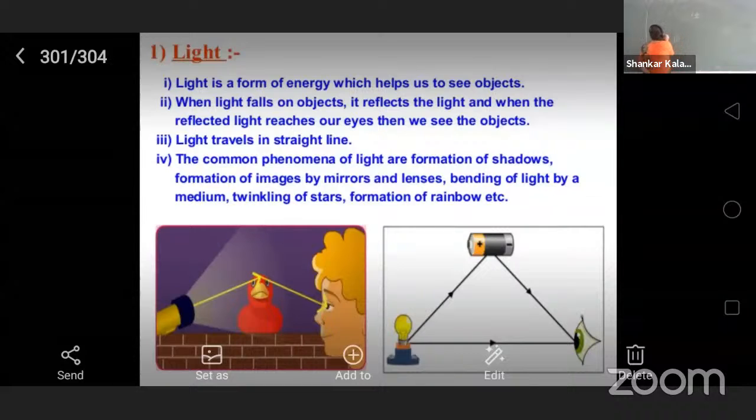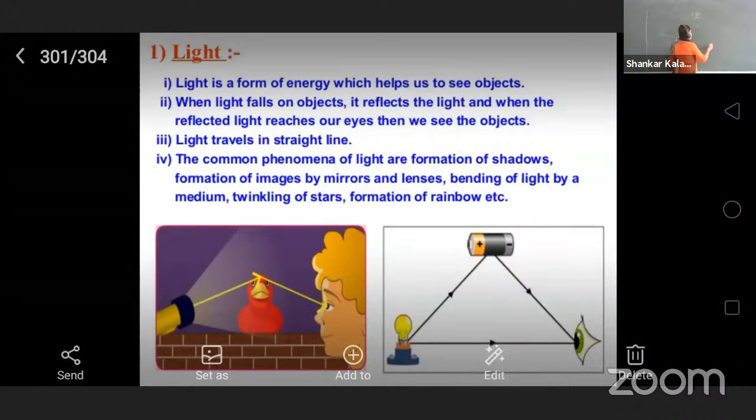Whenever the sunlight falls through the window, can you see the light, how it falls in the room? Yes, students, are you listening? Yes, ma'am. Okay, how the light falls.